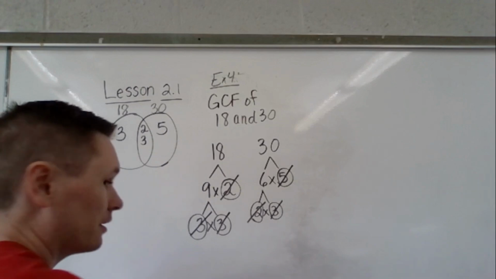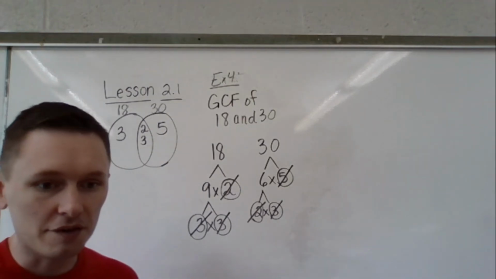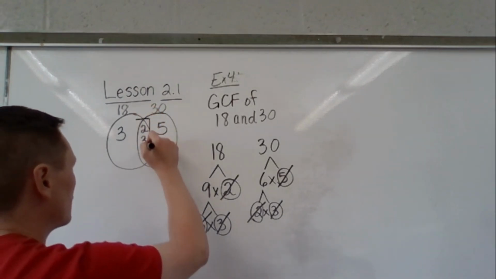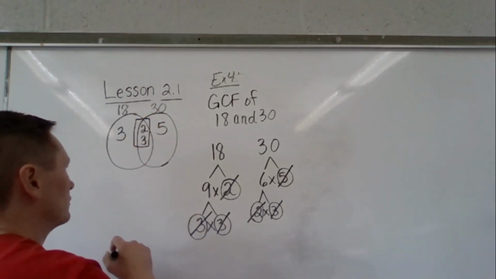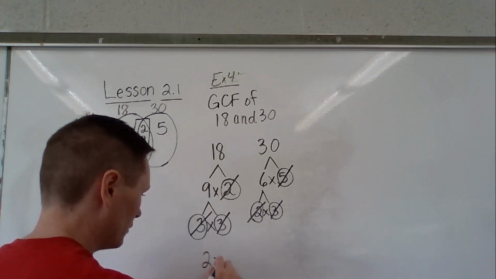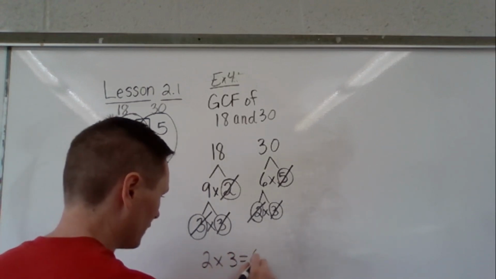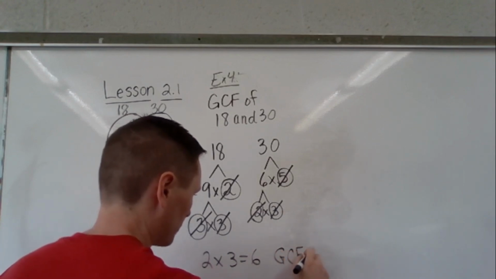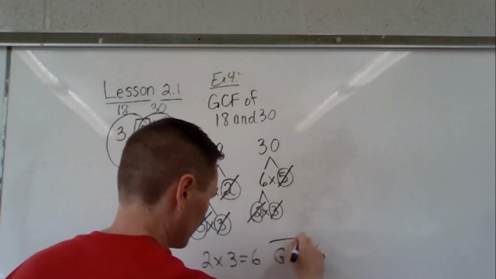All right, now with GCF, all we have to do is look at what's in the middle, and all I do is multiply them. So I multiply 2 times 3, which equals 6. So my GCF for this problem equals 6.